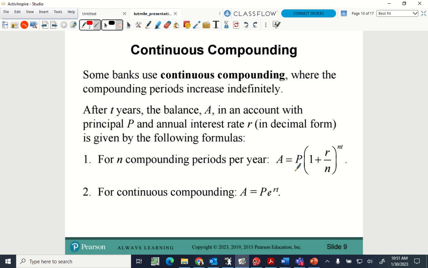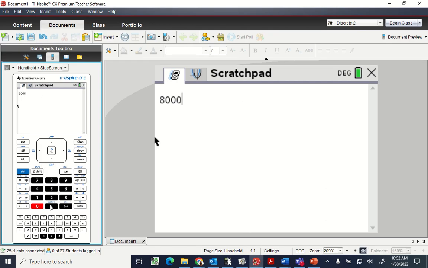So here's my formula again: 1 plus R divided by N. Open parentheses, 1 plus, now my fraction, control divide. This one is 2.5%, so as a decimal, it's going to be 0.025. And it is compounded, I'm going to go back to the page.